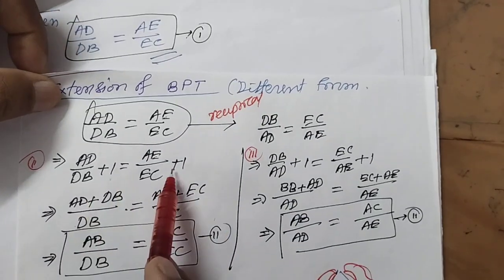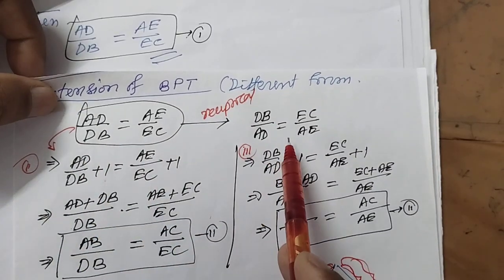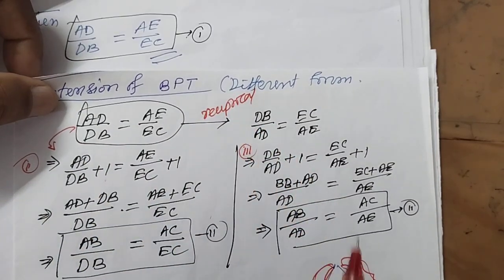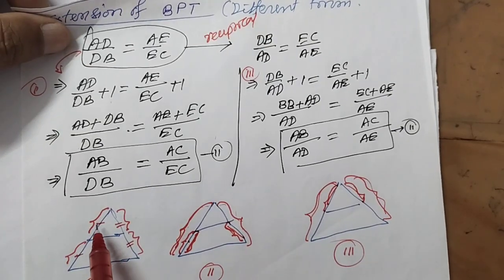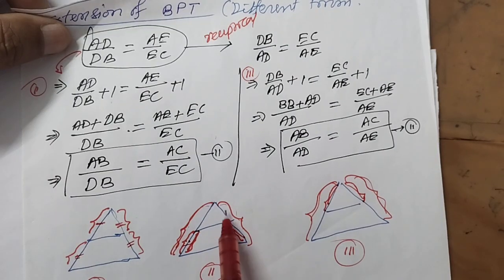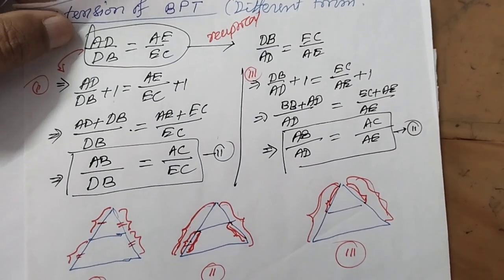Here just adding 1 in the main statement, the first form, and in the second case just take the reciprocal and then add 1. Okay, and you memorize through the diagram. Upper by lower. Here whole by lower, and here whole by upper. 3 different forms.